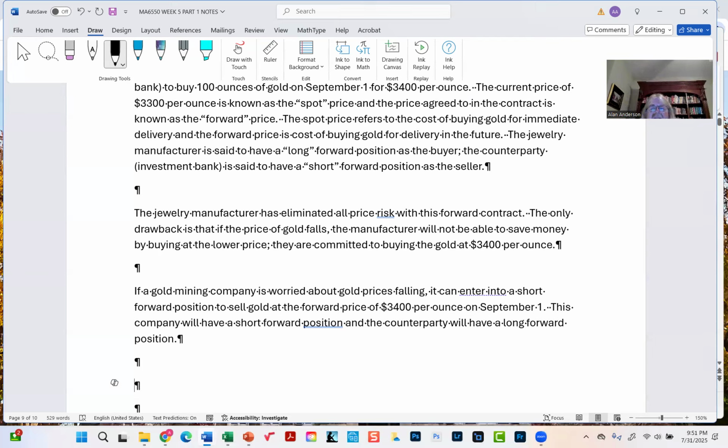One of the key advantages to a forward contract is its flexibility.